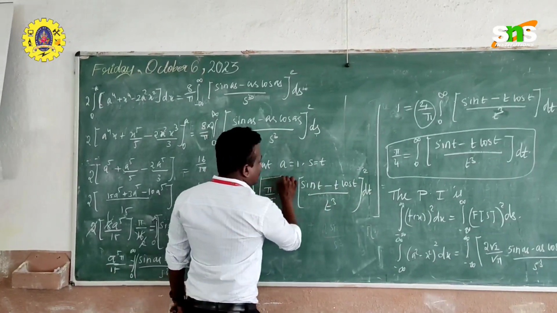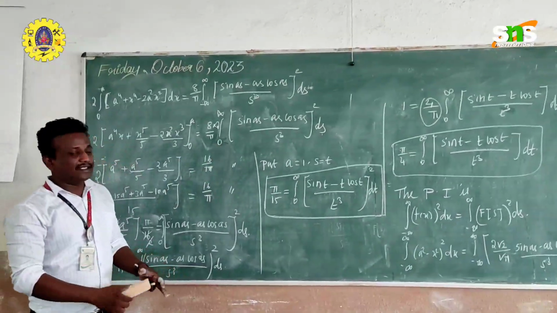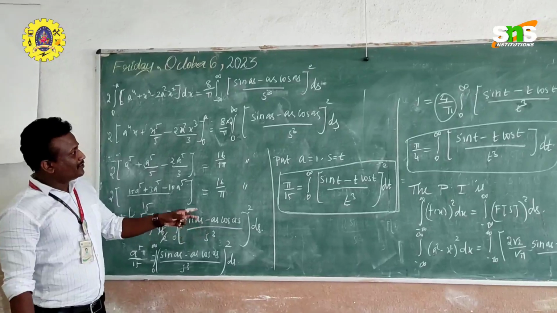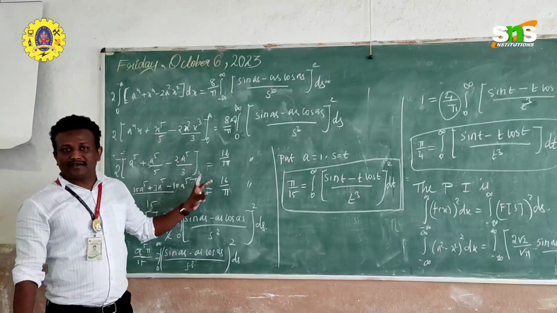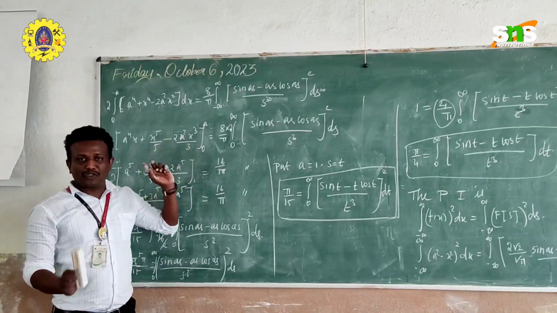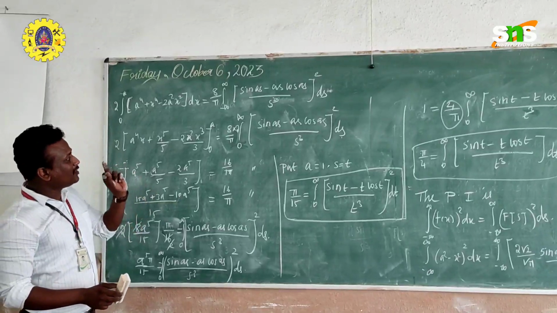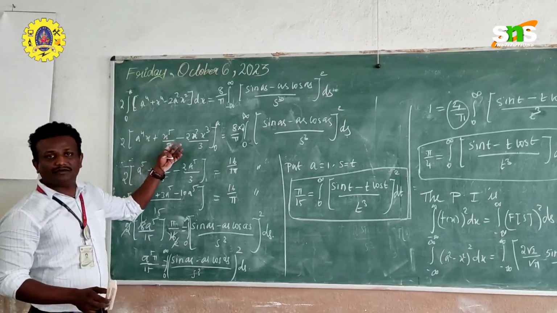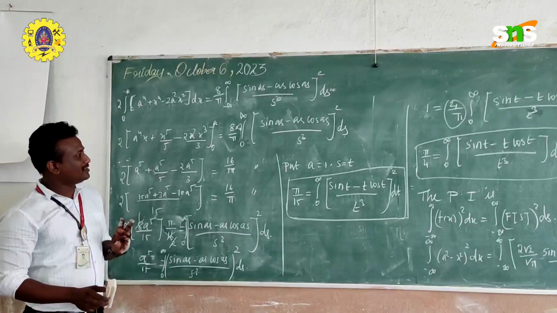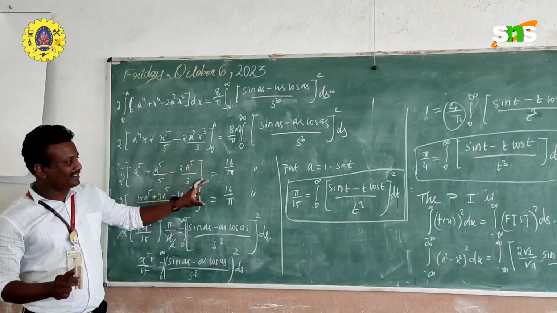This is our last result that we have proven by using Parseval's identity. Okay, clear? So this is a very important sum. If you are strong on solving this sum, I am sure a sum like this will be asked in your semester examination in unit 2 Fourier transform. So definitely you can get full marks.